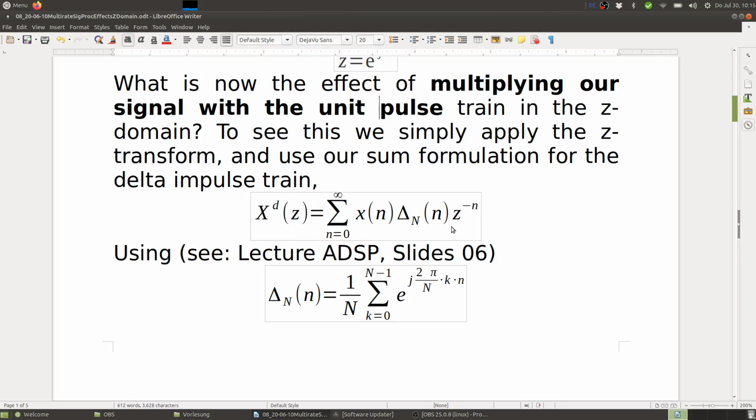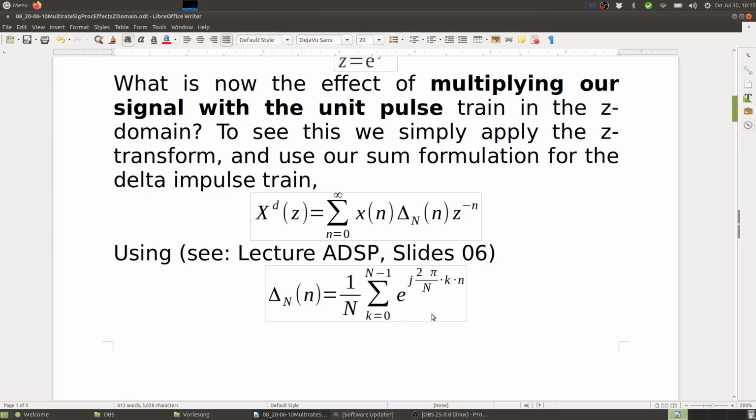So this is now the Z-transform of our downsampled signal, including the zeros. So this doesn't tell us too much yet, but it will become more obvious if we replace this unit pulse train by this sum formulation, which I took from the lecture Advanced Digital Signal Processing, slides number 6.